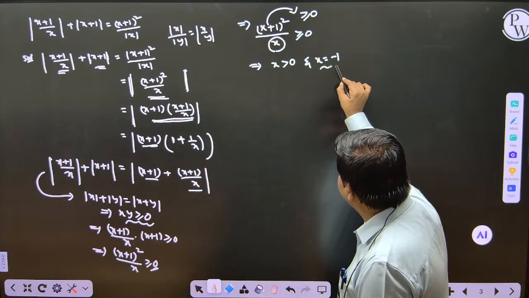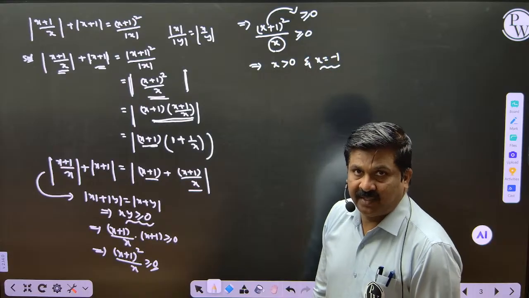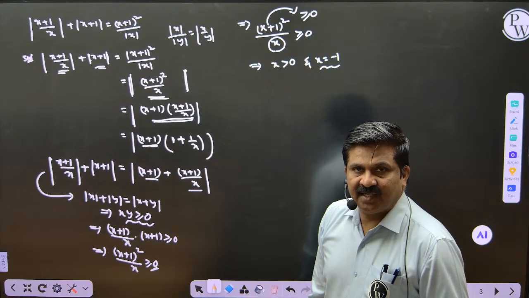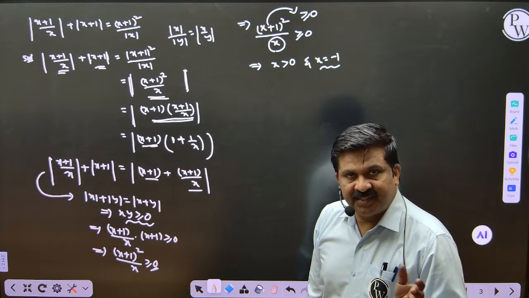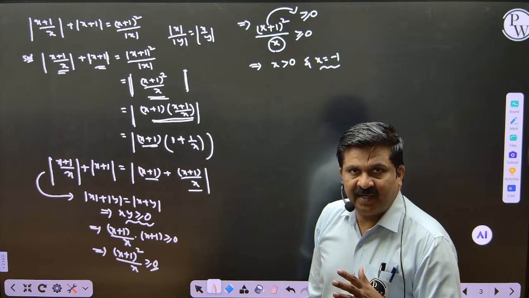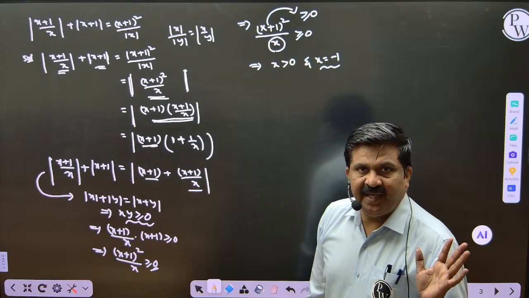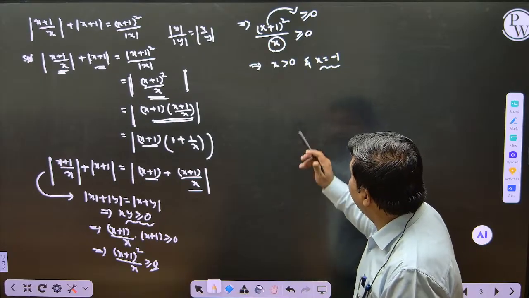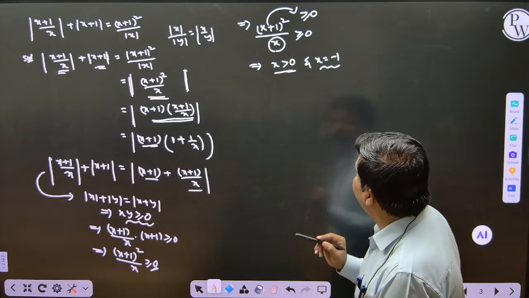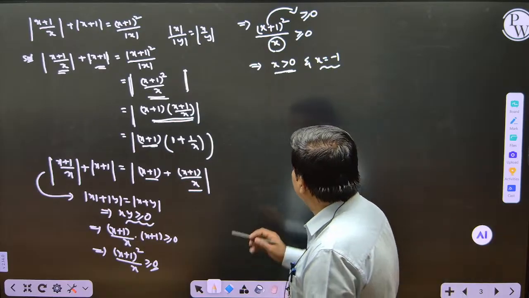If I take x equal to minus 1, then only it is equal to 0. Because here 0 is also considered and positive is also considered. (x plus 1) whole square is 0 as well as positive. That's why 0 for minus 1 and positive for any other value. But here, x greater than 0 and x equal to minus 1 only you consider here.